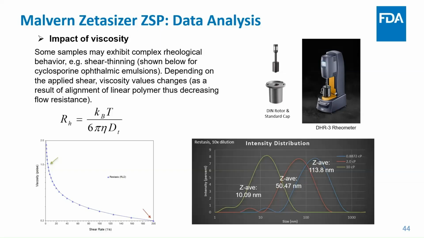Depending on which assumed coefficient of viscosity you use to do the calculation, you can get wildly different particle sizes. That's just assuming whichever viscosity, depending on the dilution of the system: water on the far right and basically a concentrated system on the left.